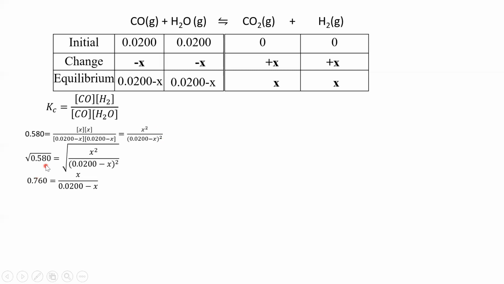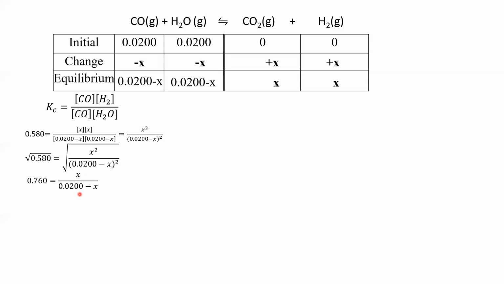The square root of 0.580 is 0.760. The square root of X squared is X. And the square root of 0.0200 minus X squared is 0.0200 minus X. So now we have a little bit of algebra to do.